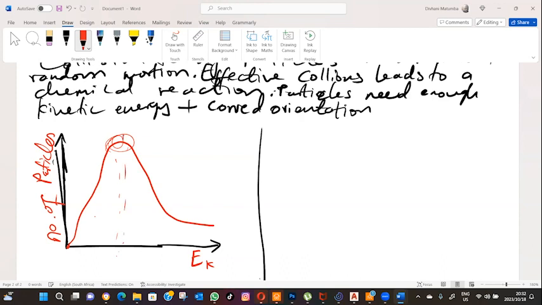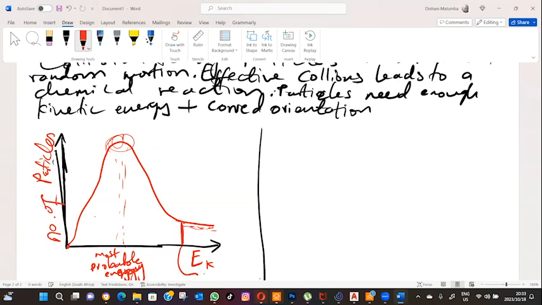This energy we call the most probable energy. Most particles will have an average kinetic energy. However, there will be a small portion of particles that possesses a high energy.